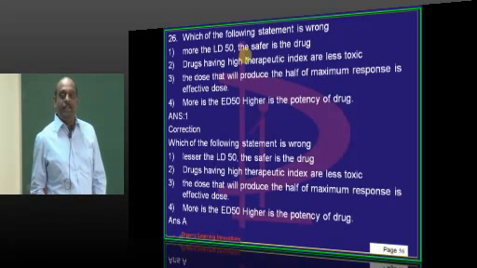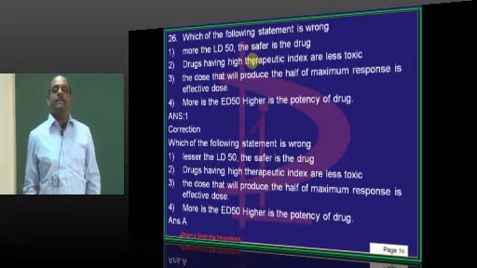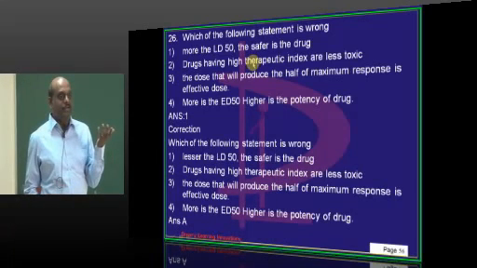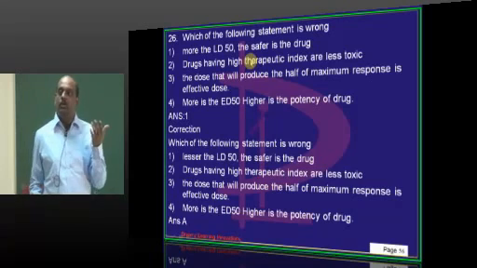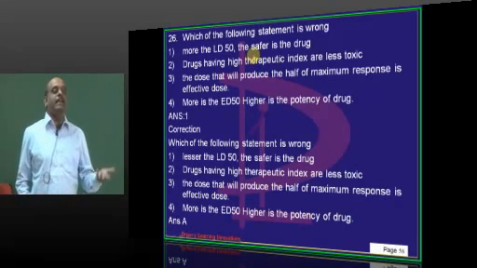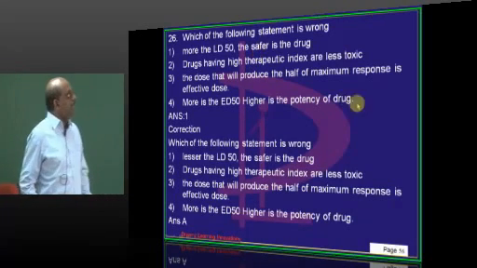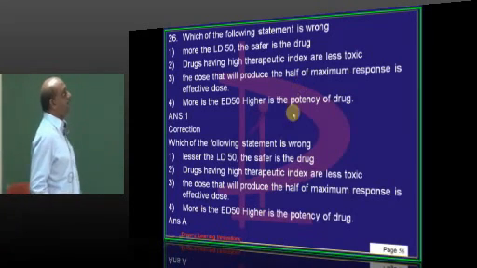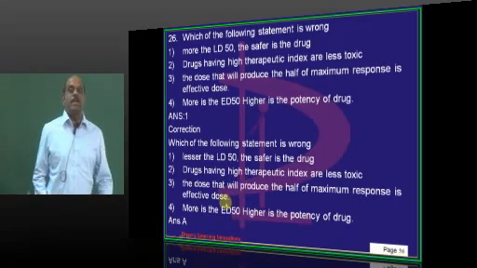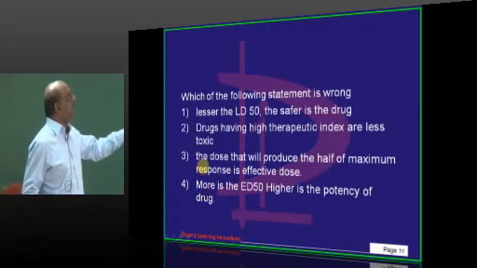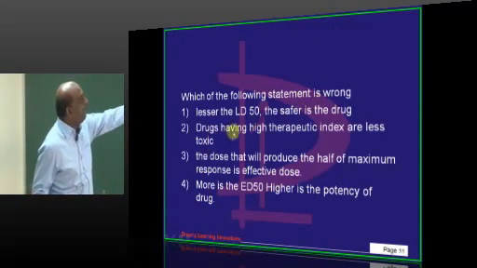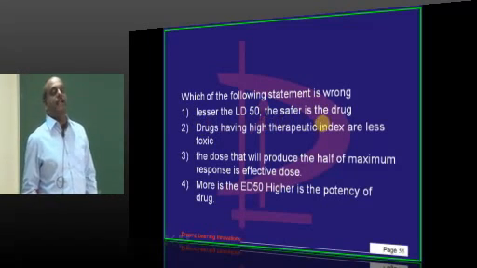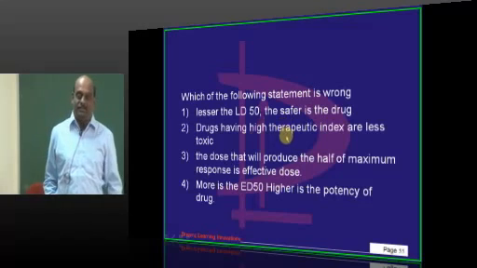What is meant by LD50? It is the dose at which lethal effects will appear. If it is of a higher value, that means only at a higher doses lethality is going to happen. That's the reason it is considered to be a safer drug. So that is the reason the correct option should be to make it a wrong statement, option A. Lesser the LD50, safer the drug, if you say, that is a wrong option.